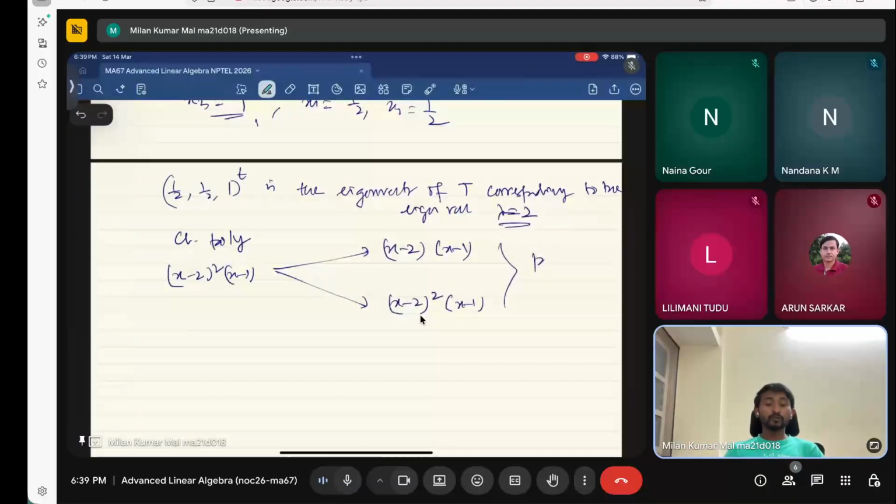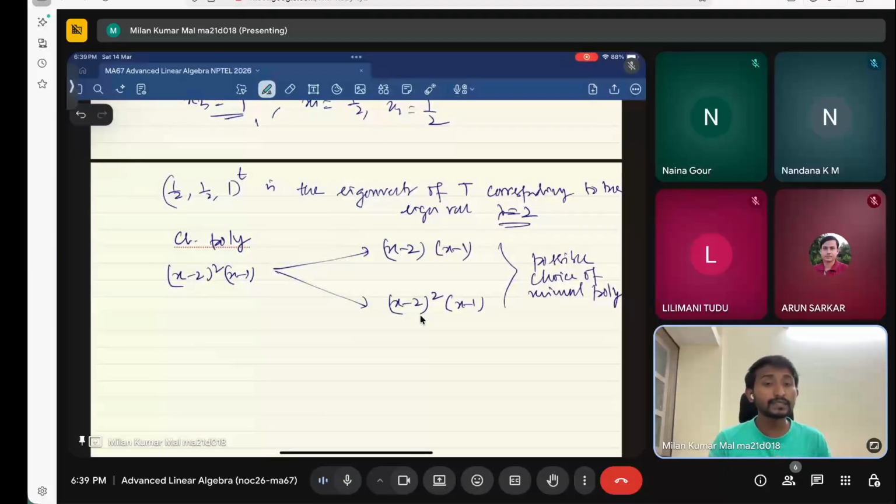What are the possible choices of minimal polynomial? This and this. Why is this? Because the characteristic polynomial and the minimal polynomial should have the same factors. So these are the two choices.